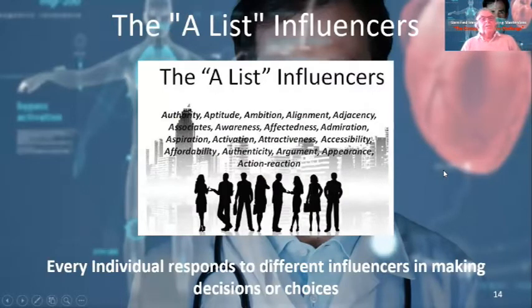So the final concept, before we actually move on to the game itself, is what I call the influencers. I mentioned that any kind of gamified environment is very personalized. Not everybody will want to play the game. Not everybody will respond well to playing the game. A lot of people will want to be spectators.